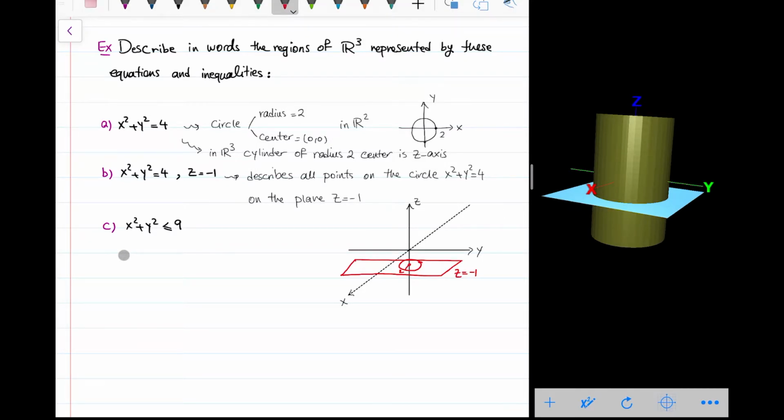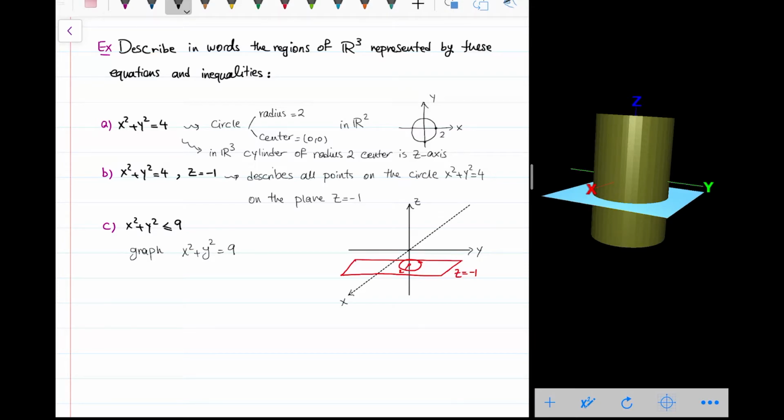x squared plus y squared is less than or equal to 9. Whenever we have an inequality and we want to graph it, we need to first graph the equality. So I'm going to first graph the equality and see what it is.